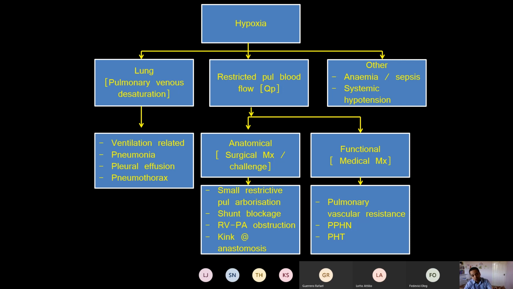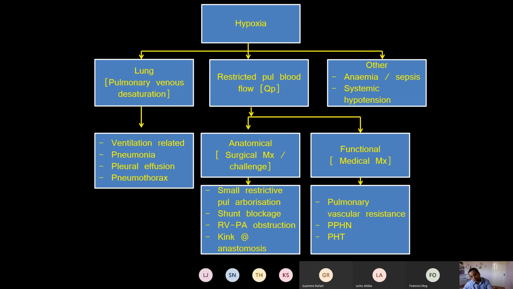Once you've done those things, you go on to the more important cause, which everybody would directly jump onto: have I got enough pulmonary blood flow in this patient, because that's what we have intervened for. So let's look into pulmonary blood flow, QP. That could be because of two reasons: the anatomy, where the pathway is not clear or smooth or is obstructed, or the pathway is very clear but the problem is functional, i.e. the pressure on the other side is very high, and that's why there's no delta for blood to flow across, if that makes sense.